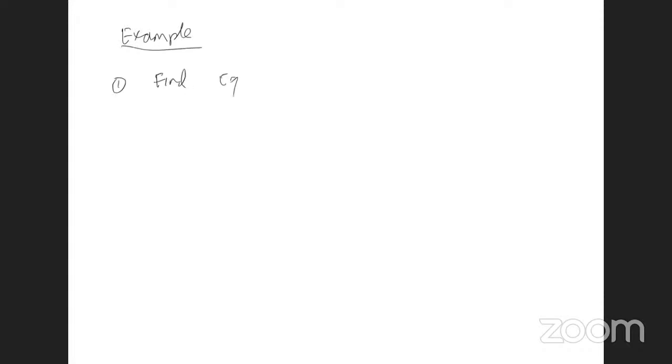So I want you to find the equation of the perpendicular bisector of, I'll just draw a random line, right? A is (1, 4) and B is (3, 5).